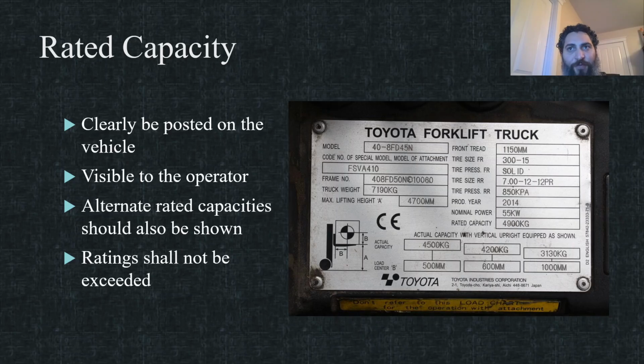Of course, if it is possible to use removable counterweights on the vehicle, then alternate rated capacity should also be posted. And of course, any time during use, you should never exceed the ratings on the vehicle.